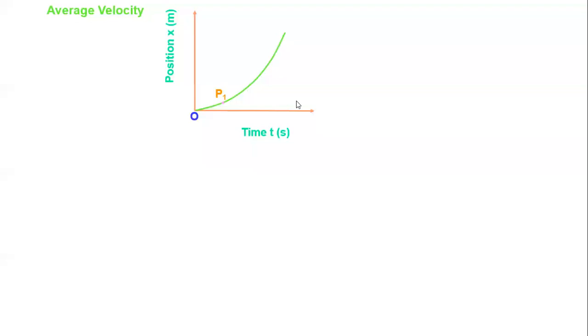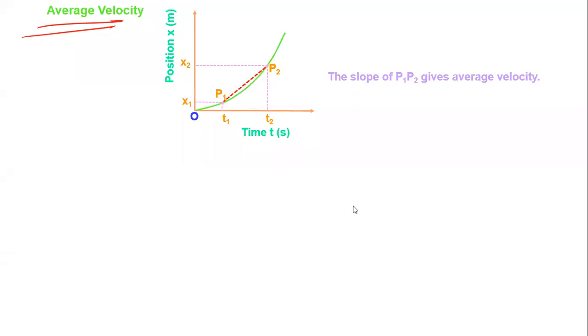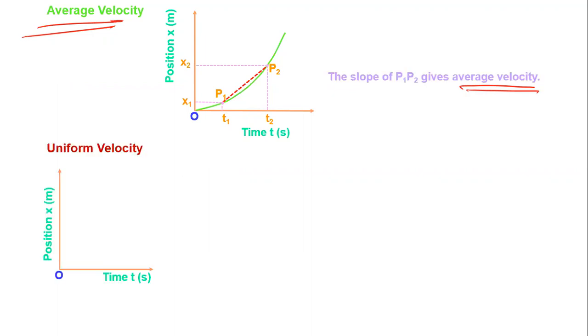Now let's see the position-time graph. Here, the slope of this type of graph gives average velocity. If you find the slope of this curve portion, we get average velocity. Now uniform velocity.